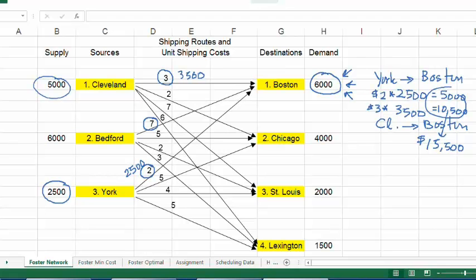That way is going to give us a pretty good solution, but it will not necessarily give us the best solution. So we're going to do this as a kind of heuristic, where we pick the cheapest route every time, send as much as we can on that route, and keep repeating until all the demands are satisfied.